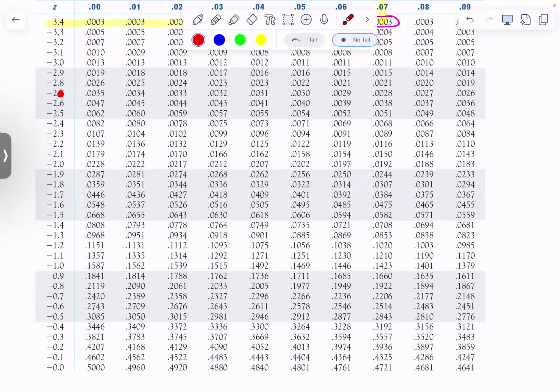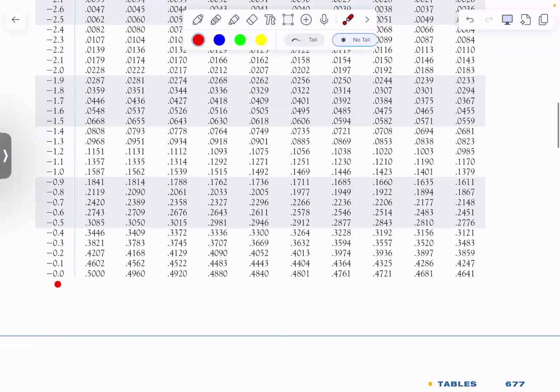So as we move our Z down, what does this mean? If I move down the line towards 0, I'm moving closer and closer to the mean, right? If I have a normal distribution, it's unimodal, it's symmetric. What do you expect the area to the left of the mean to be?